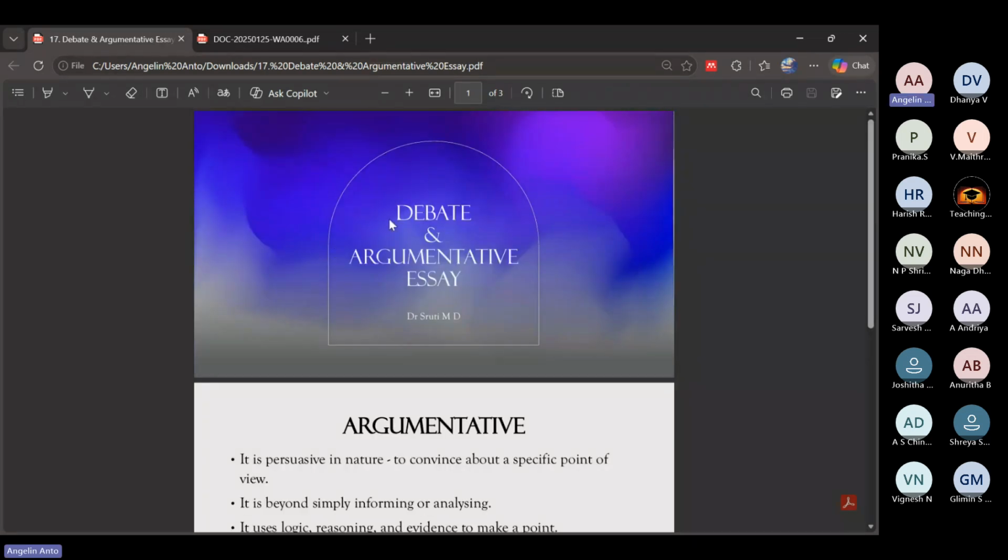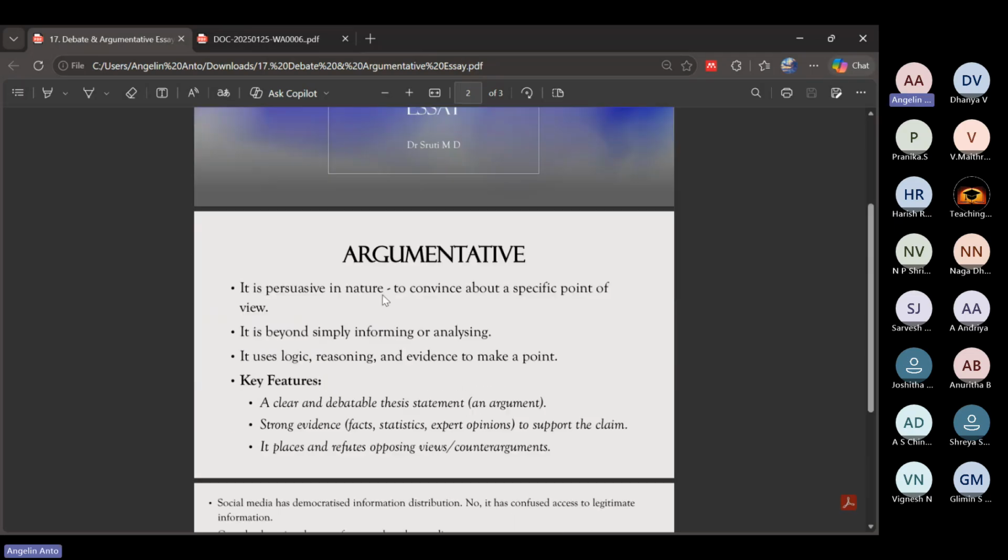So either write to or for mobile phones, or write to or for, I don't know, building during working times or something like that. So you're given a set point, and then you'll be asked to write an essay for or against it. Argumentative means against, but yeah, it is persuasive in nature, to convince a specific point of view. So essentially, you should support your claim. It is beyond simply informing and analyzing.